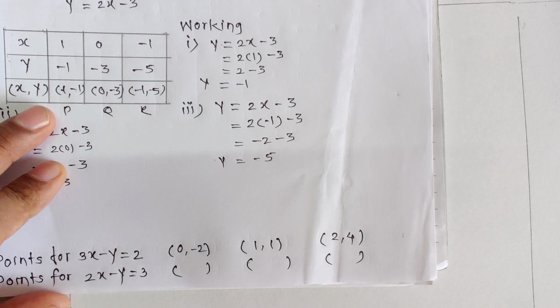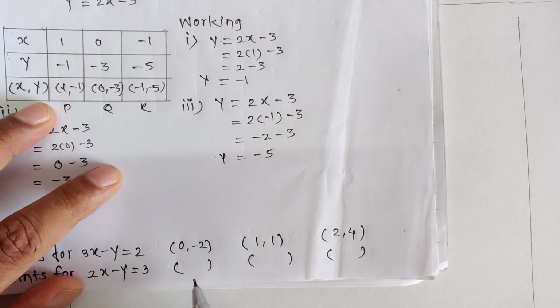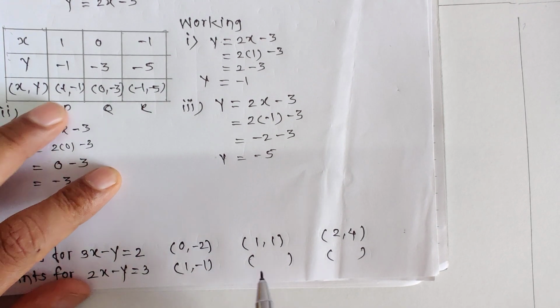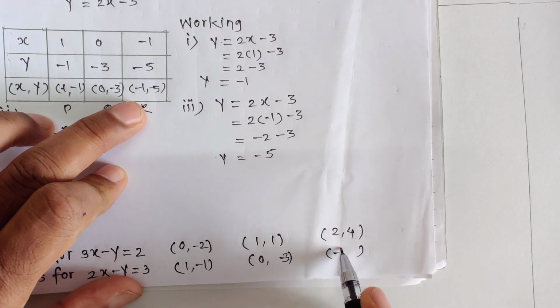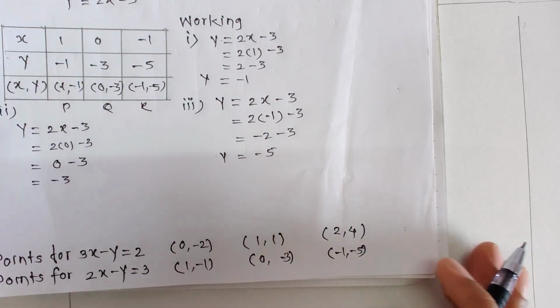For the second equation these are 1, -1, 0, -3 and -1, -5.